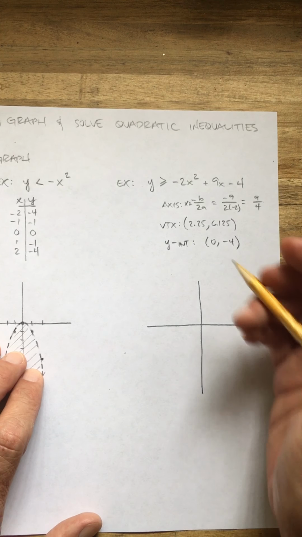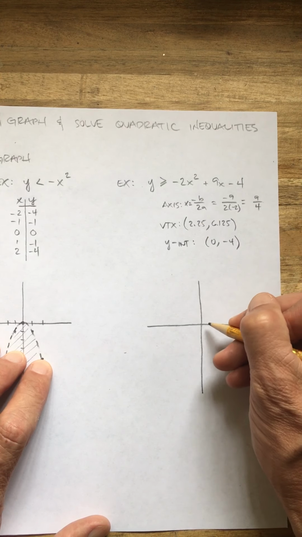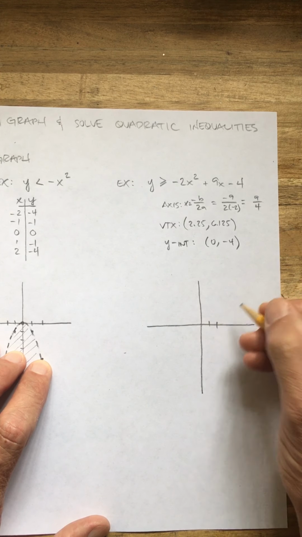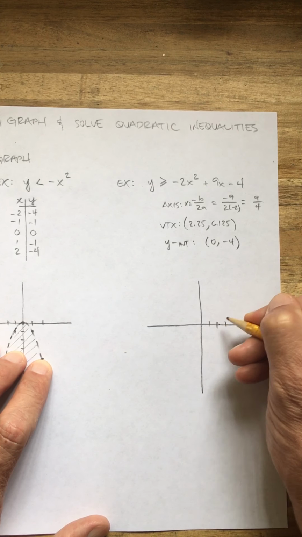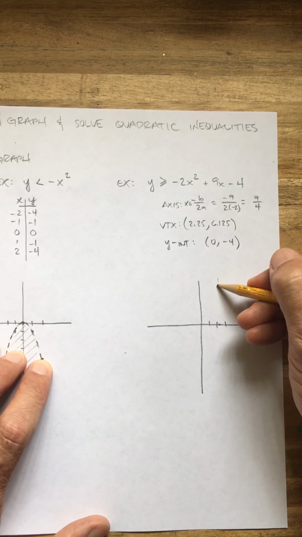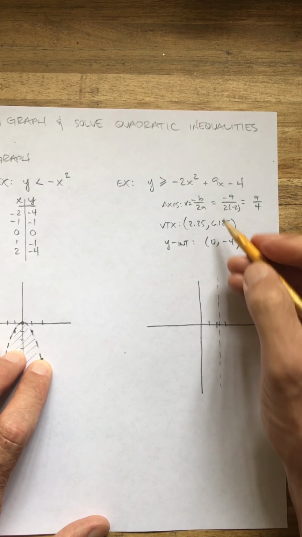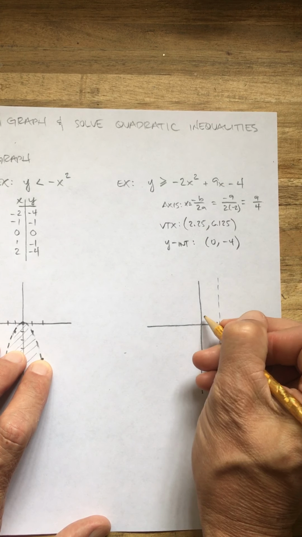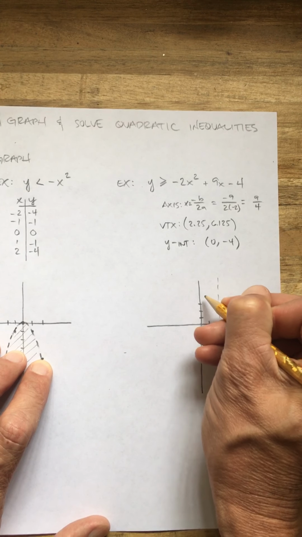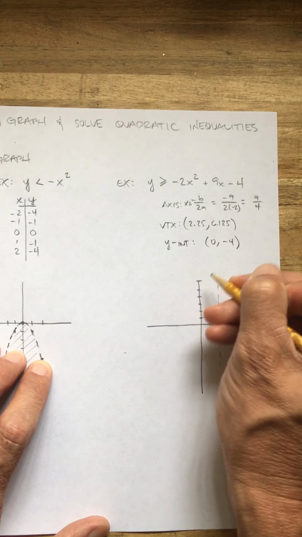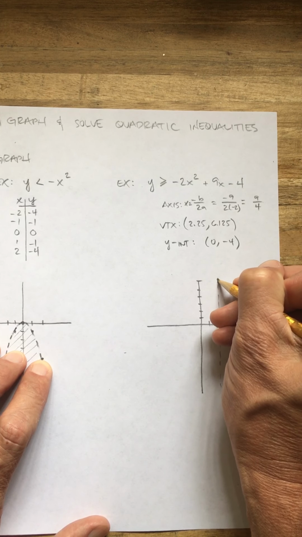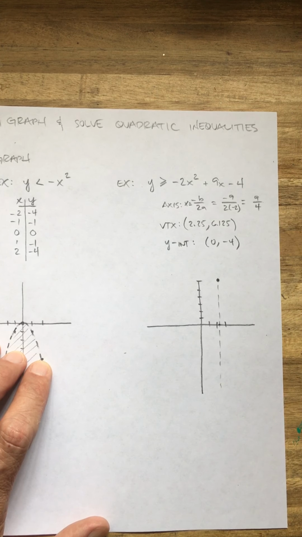So let's draw the vertex. 2.25 is right here. There's where my axis is going to be. Then it's up 6.125, so 1, 2, 3, 4, 5, 6, and just a little bit higher. If it's 6.125, it's basically 6.